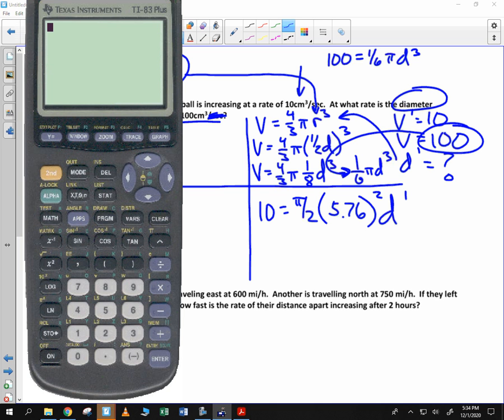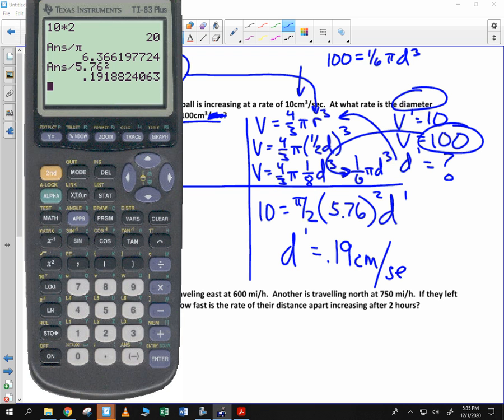Now I've got to solve for d prime. I'll take 10, multiply by 2, divide by pi, and divide by 5.76 squared. And I get 0.19. d prime is equal to 0.19. Our measurement is in centimeters per second.